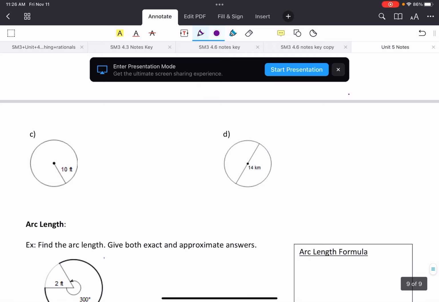Raise your hand if you think it's a radius. Good. Raise your hand if you think it's a diameter. Good. So this would use the radius one: 2 times the radius. I keep my pi and my units of measure out there.